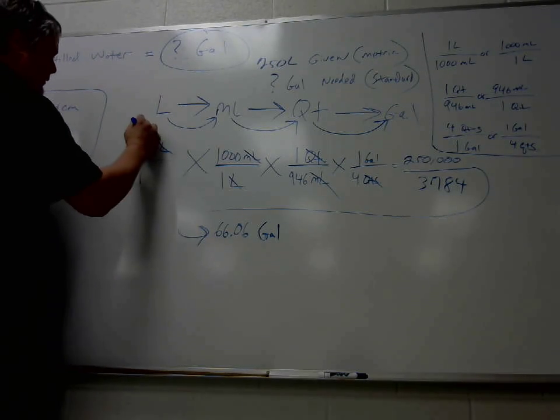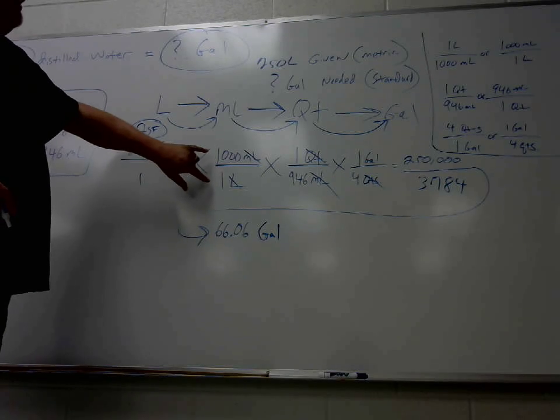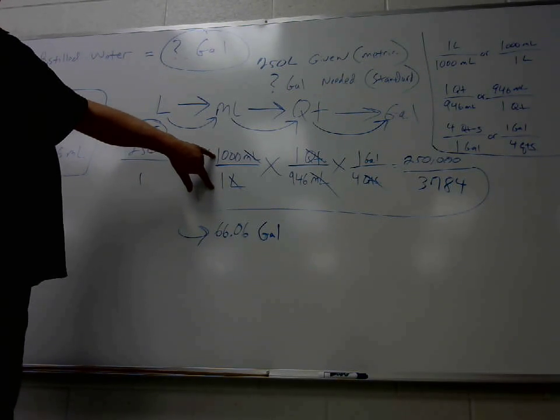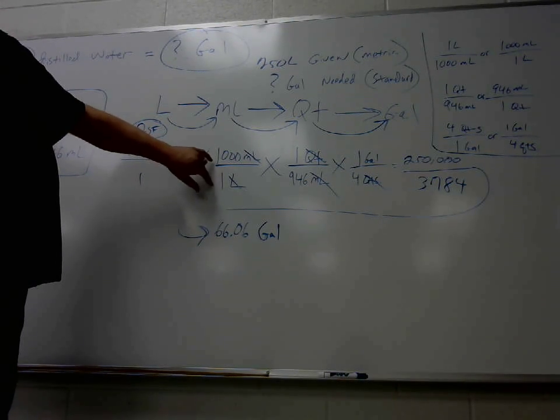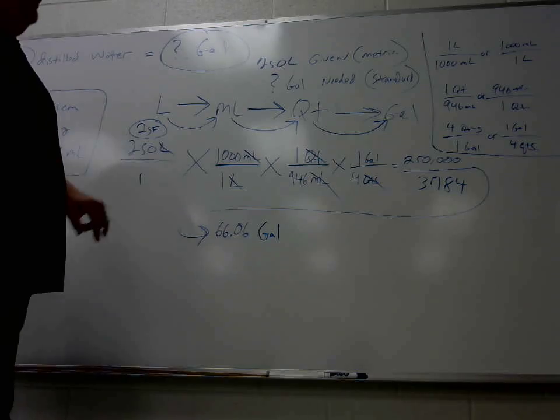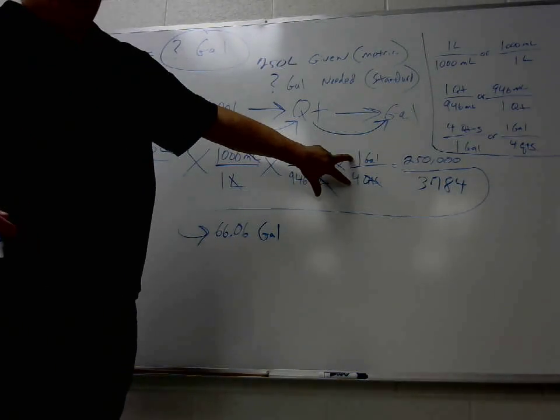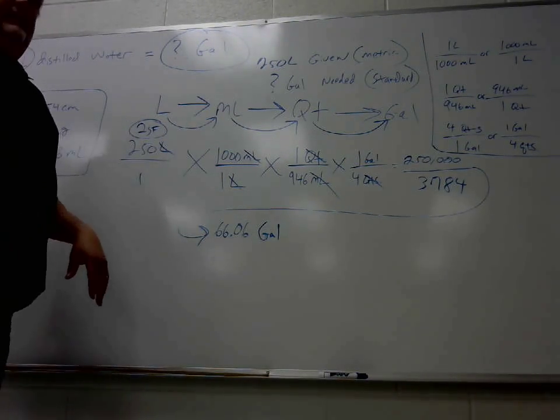2. 2 sig figs. This is a metric to metric conversion, and it is a defined conversion, which means it's an exact number. So significant figures in this do not count. Anytime you've got a metric to metric or a standard to standard conversion, significant figures do not count. They're considered to be exact numbers.